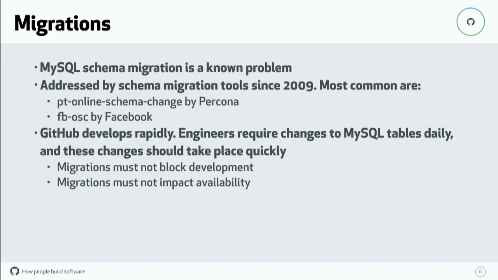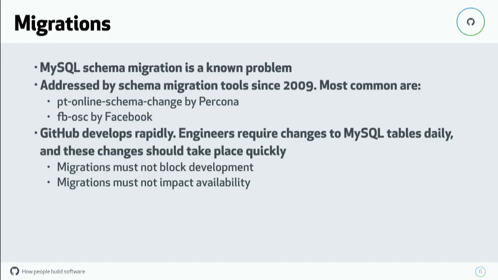2009 is when the Oak online alter came out. Most people, I think, these days are using PT Online Schema Change. We were using PT Online Schema Change for years. It worked really well for us. I note Facebook's Online Schema Change here because it has a slightly different implementation than PT Online Schema Change, which I'll get into a little bit more later.